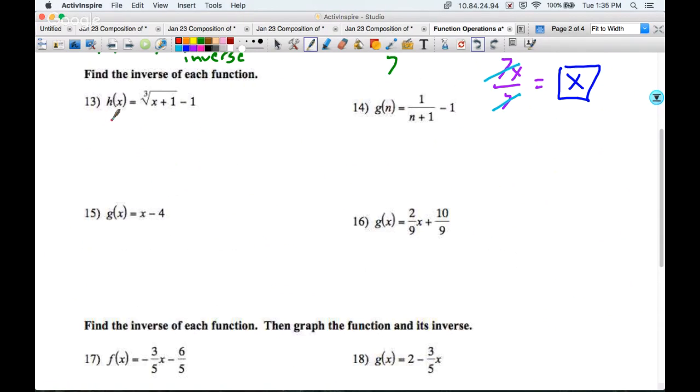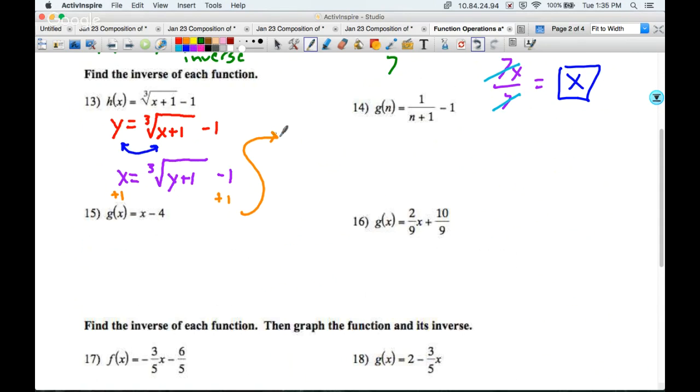What I need to do is first replace the h of x with a y. So y equals the cubed root of x plus 1, minus 1. Then I need to swap my variables. So these swap, and I get x equals the cubed root of y plus 1, minus 1. Now I just got to isolate y. Add 1 to both sides.